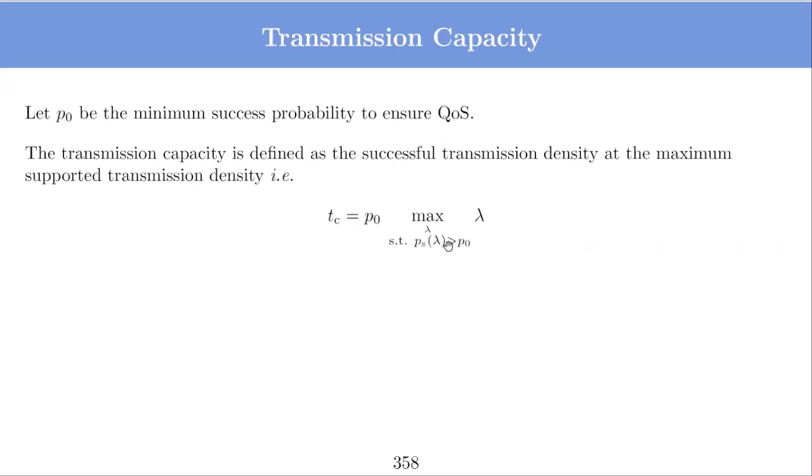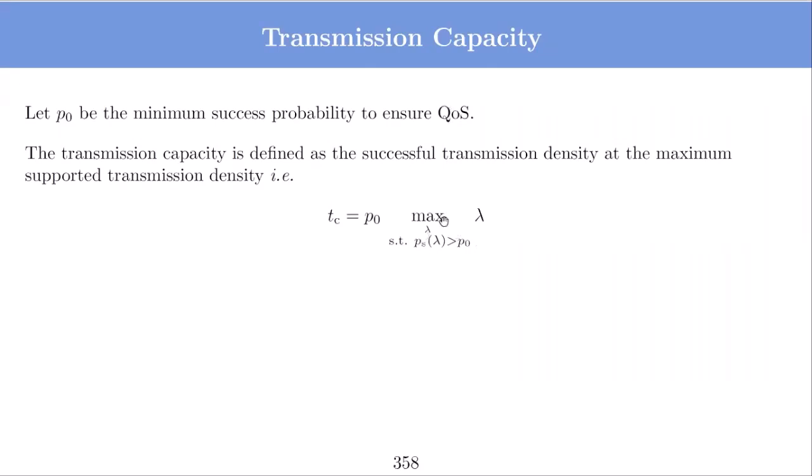The successful transmission density is the success probability P0 multiplied by the density.